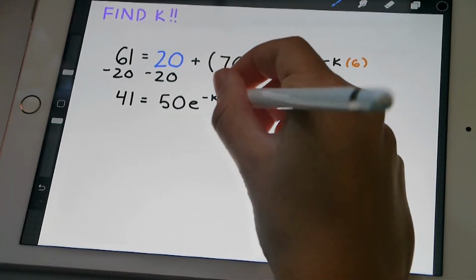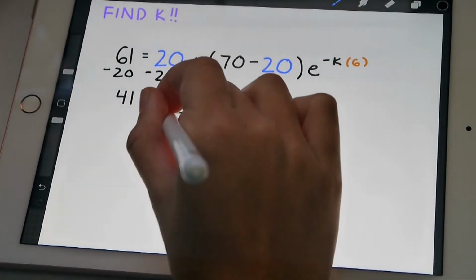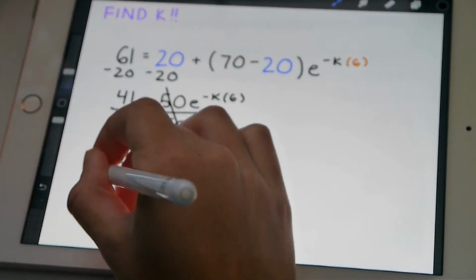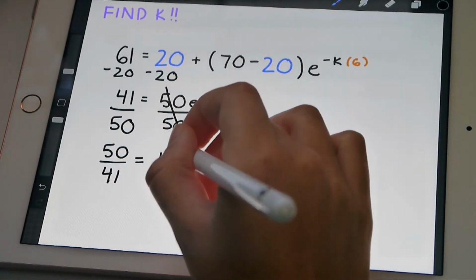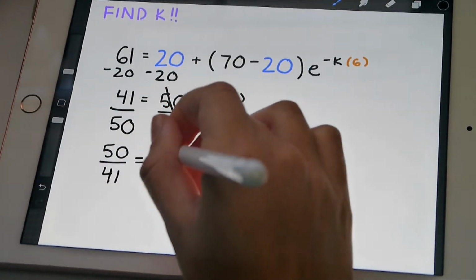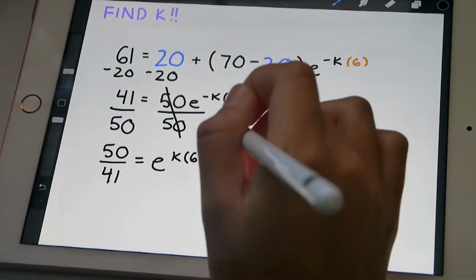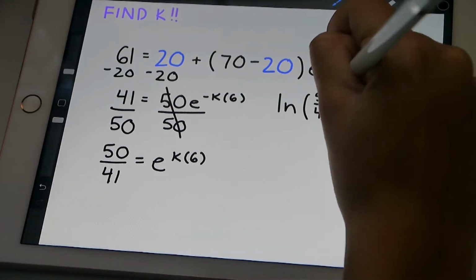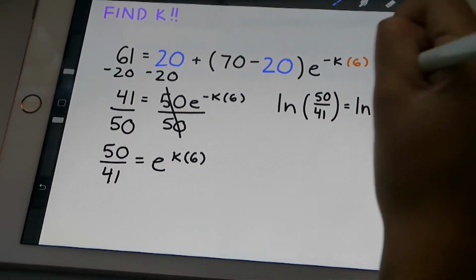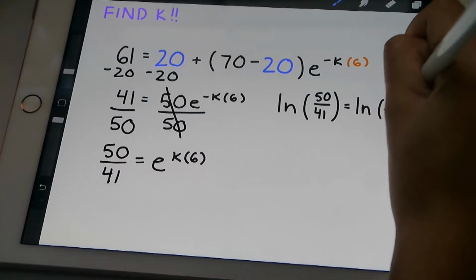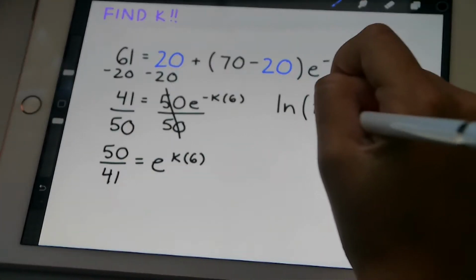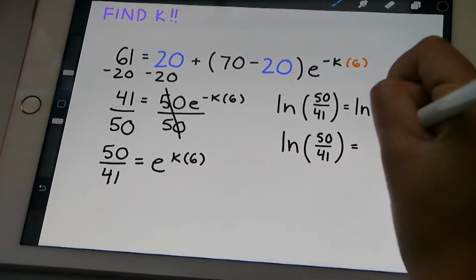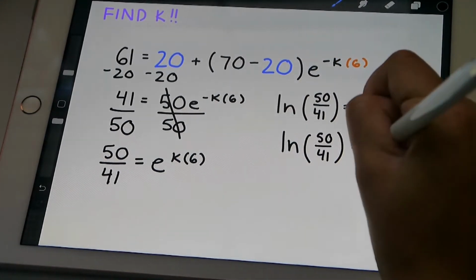You're going to subtract 20 from both sides, and you're going to get 41 equals 50 e to the power of negative k times 6. Divide by 50 on both sides, and because k is negative, you can take the reciprocal of the other side of the equation so that it's just e to the power of k times 6. Then we're going to take the natural log of both sides so that we can get k alone, and essentially just remove that Euler's e.